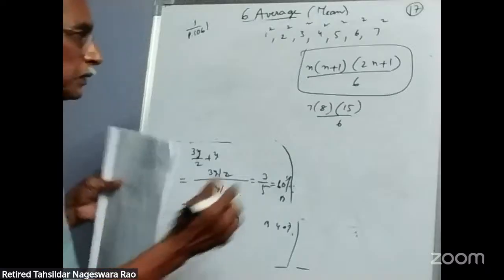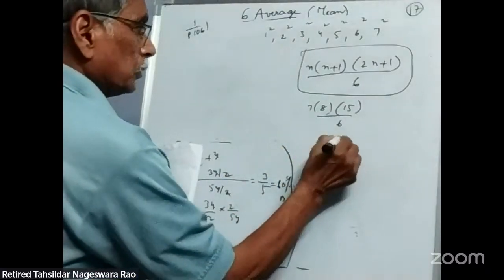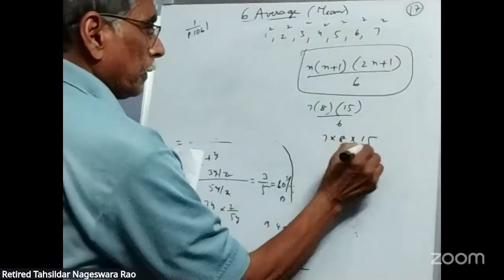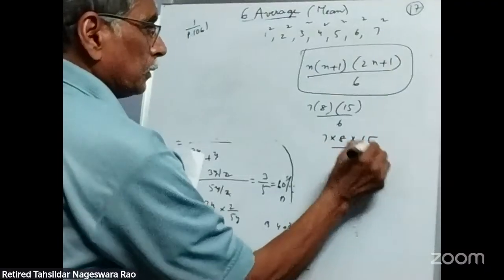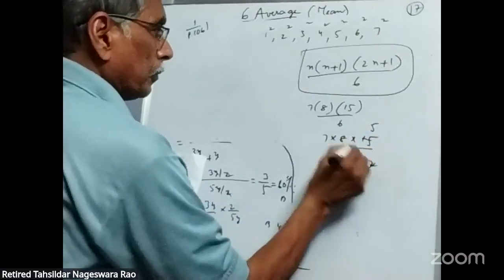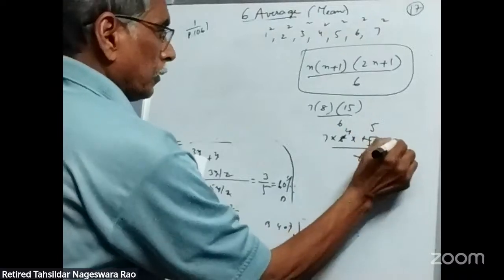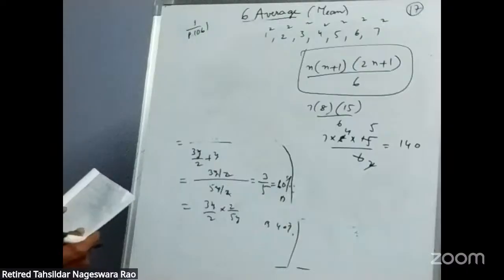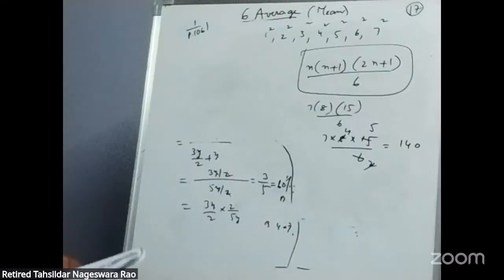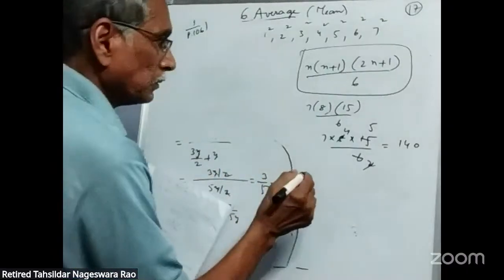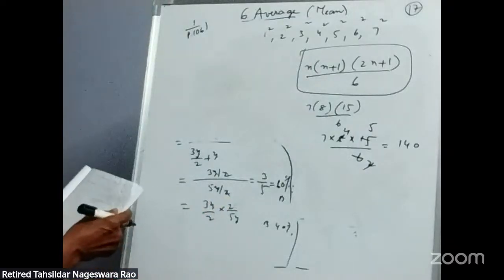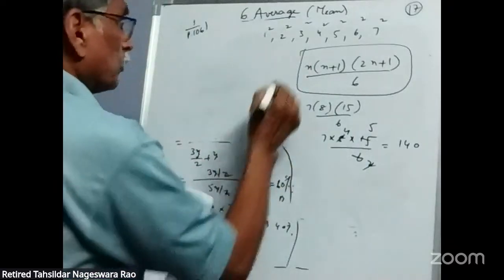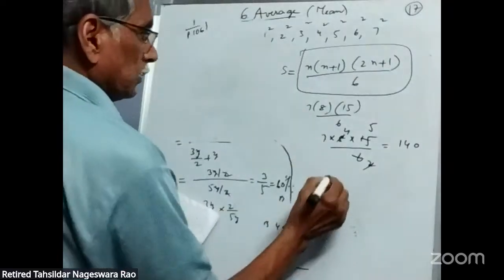7 into 8 into 15 by 6. 140 is the sum. This is the sum value.